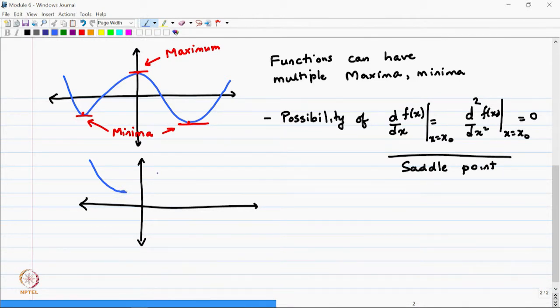Now, if it had gone up, it would have been a maximum, or it would have been a minimum. But what is happening is it goes down this way. So, now at this point the slope is 0, but also the second derivative is 0. So, this is called a saddle point.